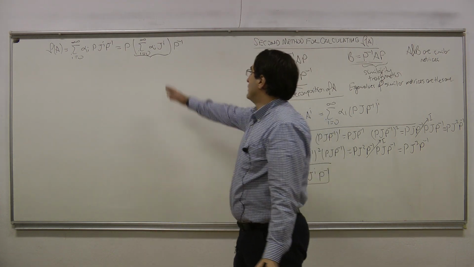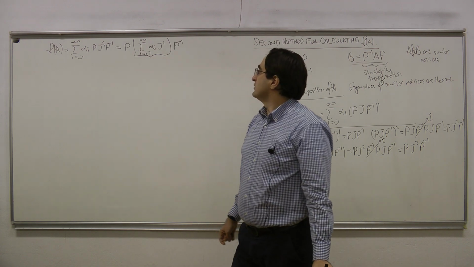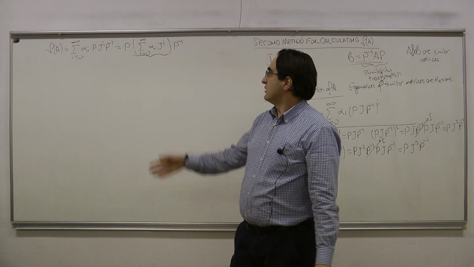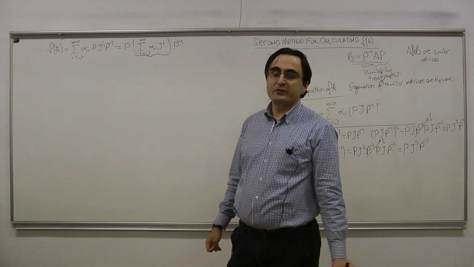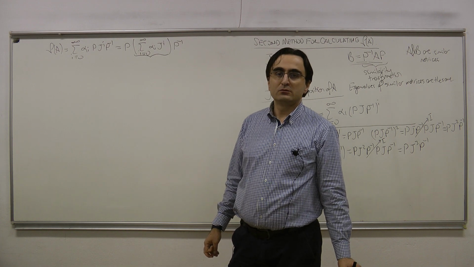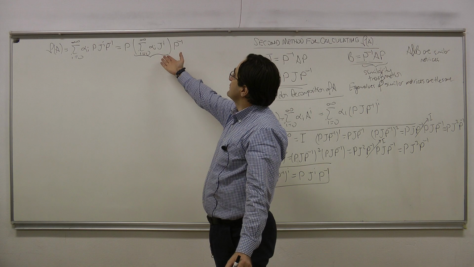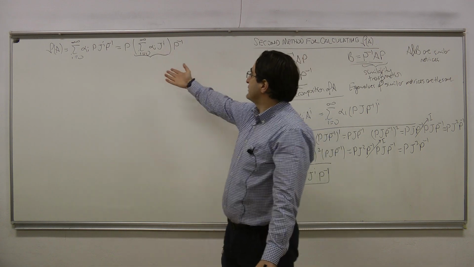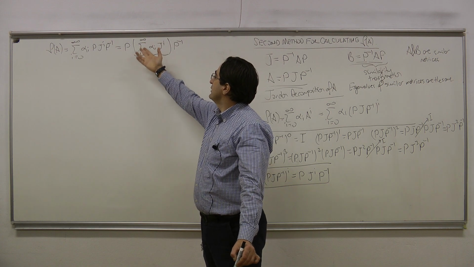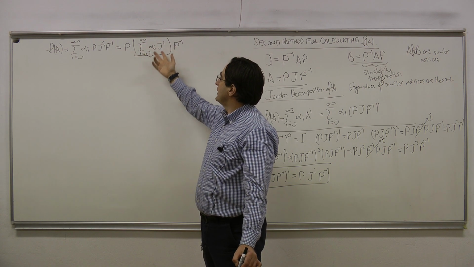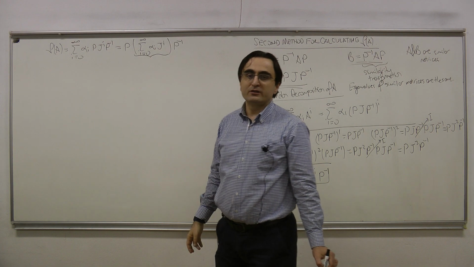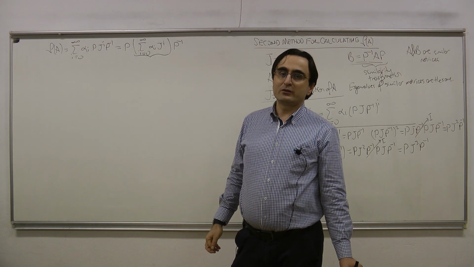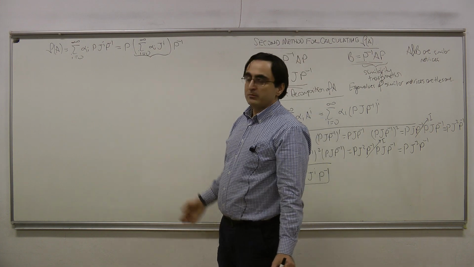Okay? So what can you say about this matrix? The summation over i from 0 to infinity of alpha i J to the i. So this is exactly the function of the matrix J. Remember, f of s is nothing but the sum over i from 0 to infinity of alpha i s to the i. And if I substitute instead of s the Jordan canonical form, then I would obtain this matrix.